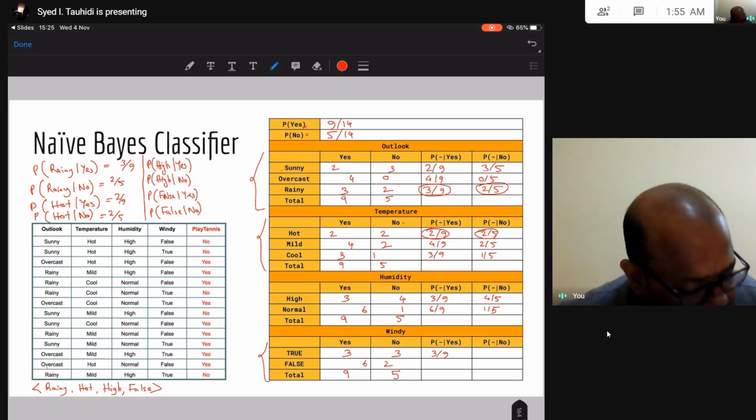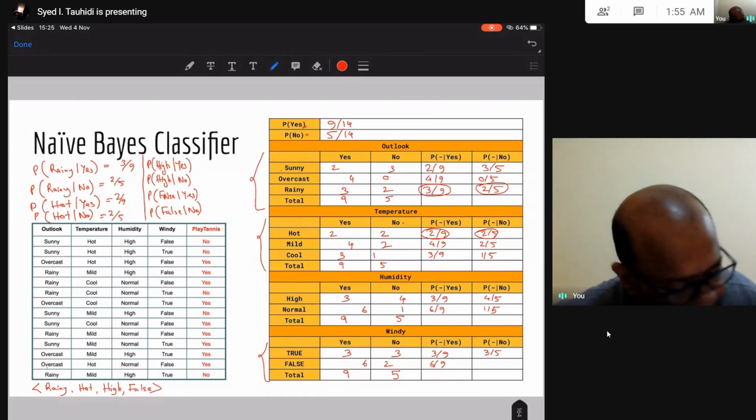Probability that it was not windy given that the person played tennis is 6 by 9. Similarly, probability that the day is windy given person did not play tennis is 3 by 5, and probability that day is not windy given person did not play tennis is 2 by 5.